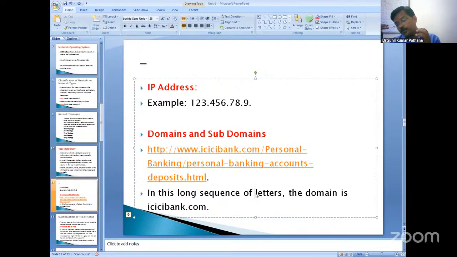If you go with subdomains, if you click personal banking, you will get personal banking. And again in the personal banking accounts or deposits, we will get the personal banking accounts, deposits like this. So this is a subdomain. www.icicibank.com is the main domain, and the subdomain is the one example I have given on the screen. In this long sequence of letters, the domain is ICICI Bank.